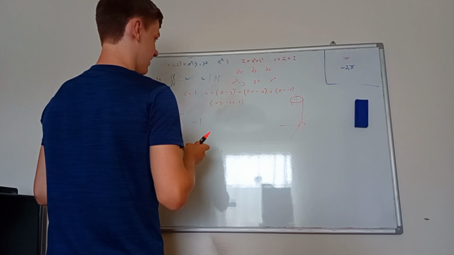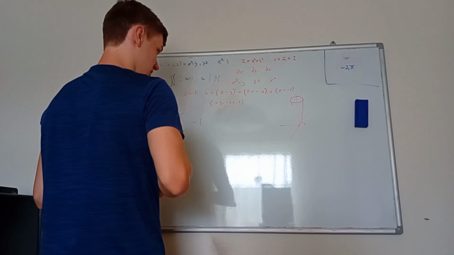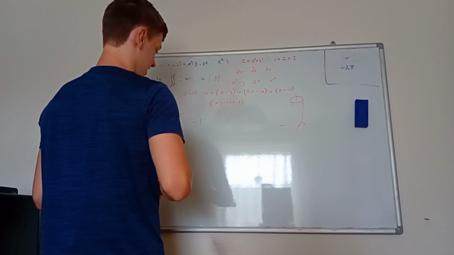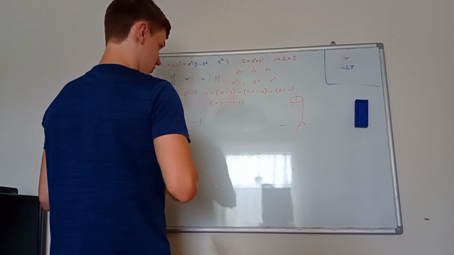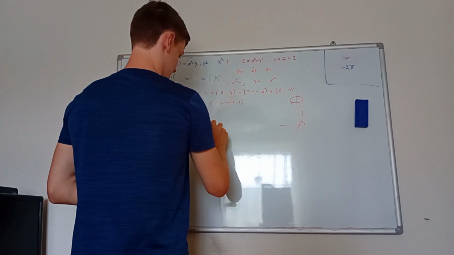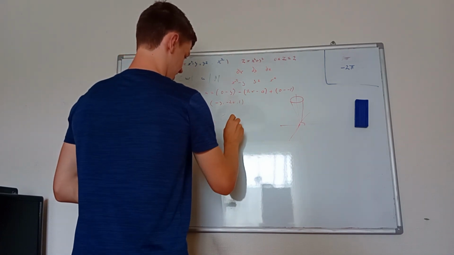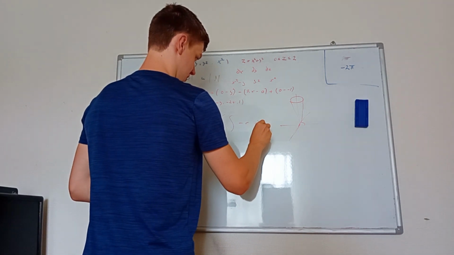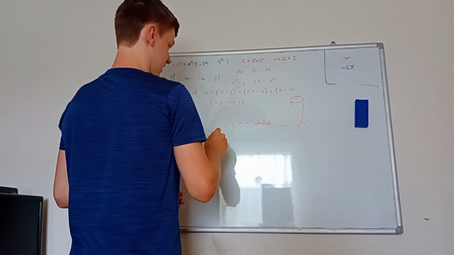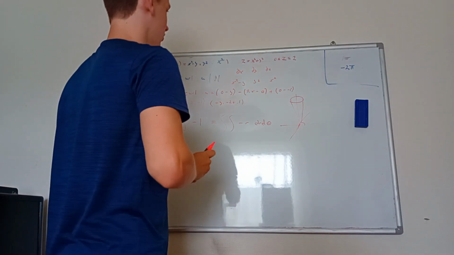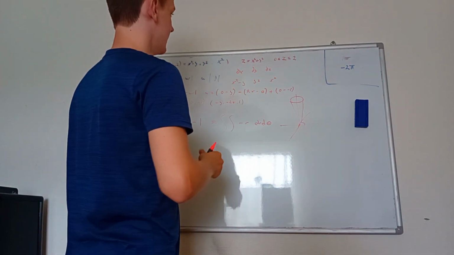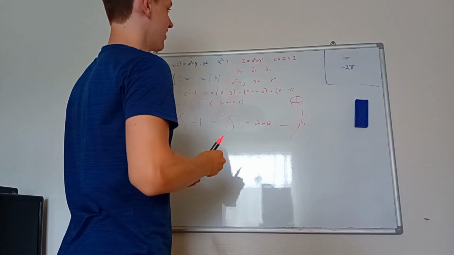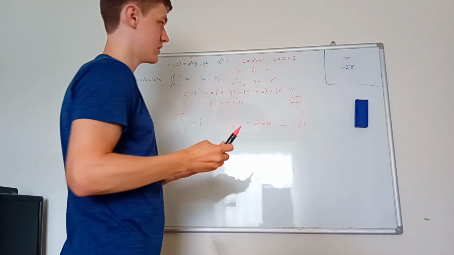And since it is a circle in this cone, we actually have polar coordinates. So we're going to have the double integral of negative r dr d theta. So what are the borders? Well, we have z equals x squared plus y squared. That is the same as z equals r squared.